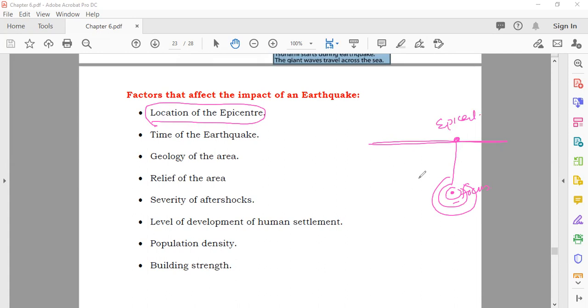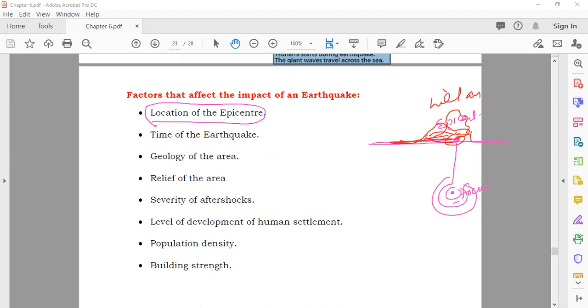Then the question comes, how will it be decided? For example, if here you have rocks, a hill area, then this is very strong. It means there will be no more damage because the land is already really hard here.